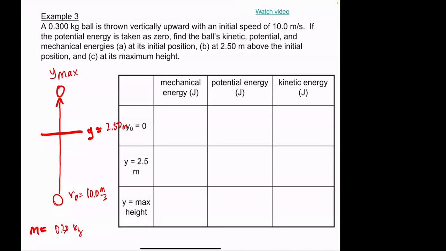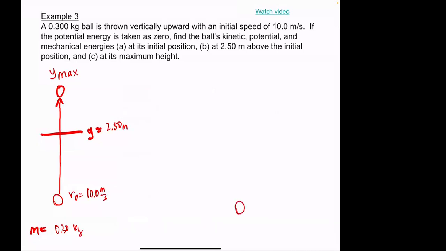I'll get you started just so you have an idea of what I'm talking about here, and then you can go from there and figure out the rest of it. Let's start with the initial height or the initial position. We know at the initial position, the potential energy is 0.